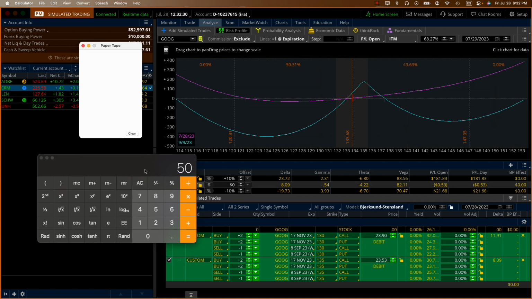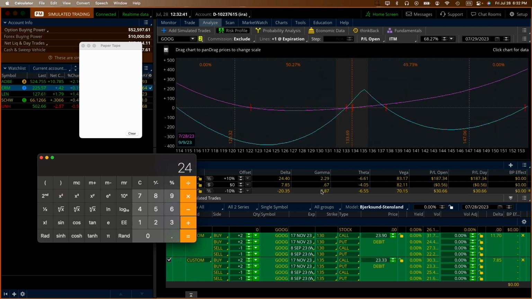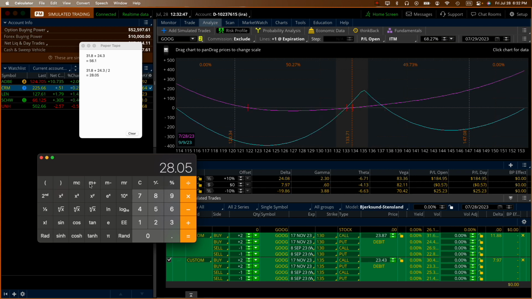So let's clear that paper here. And the first thing we need to do is the back month, 31.8 plus 24.3 divided by 2 and clear memory and save it, 28, okay?